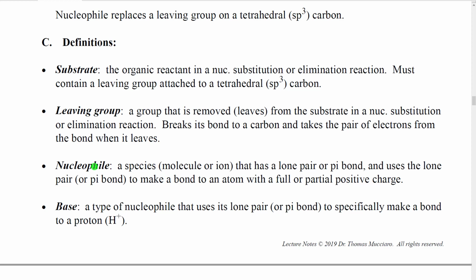The difference is a base is a species that makes a bond to a proton, a hydrogen plus. A nucleophile is the same exact species, but it makes a bond to a carbon. So really the base and the nucleophile are identical in terms of their structure and their formula. What differs is what their actions are.